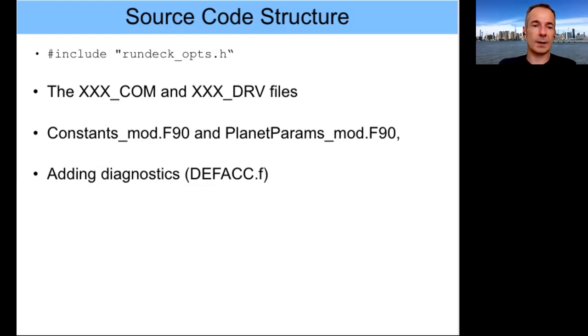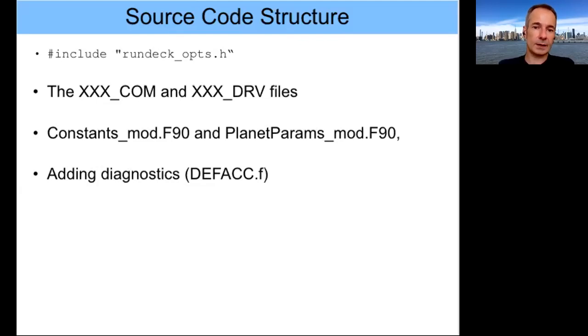So any subroutines that are called from the main file are called from the driver file. As said, it's not 100% consistent that way, but if you are doing any development, you should try to respect that structure, even if you will not be able to see it throughout the model.